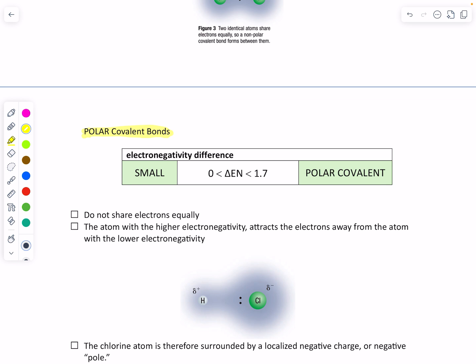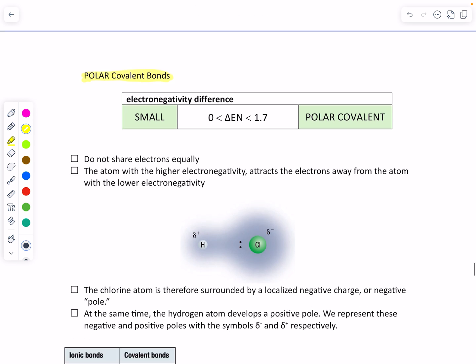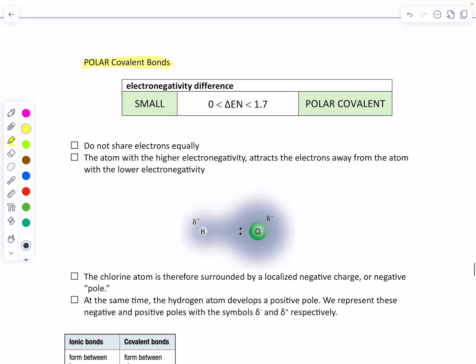This means that they don't share electrons equally. The atom with the higher electronegativity attracts electrons away from the atom with the lower electronegativity. The chlorine atom is therefore surrounded by a localized negative charge, or a negative pole, and we indicate that with a sigma and a negative sign.